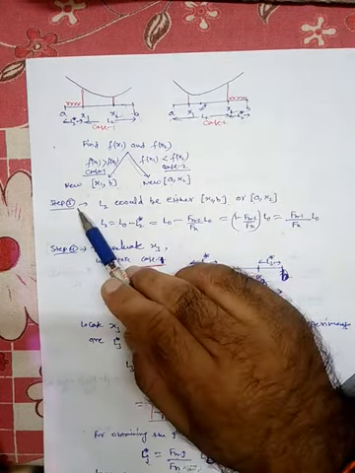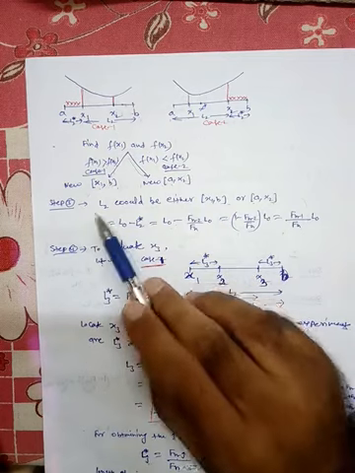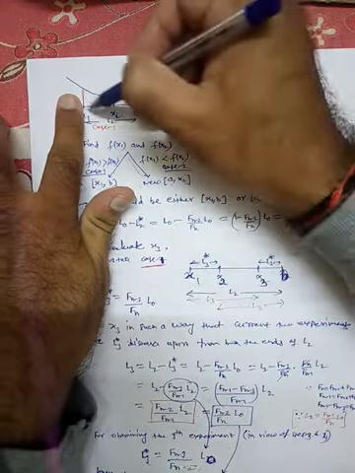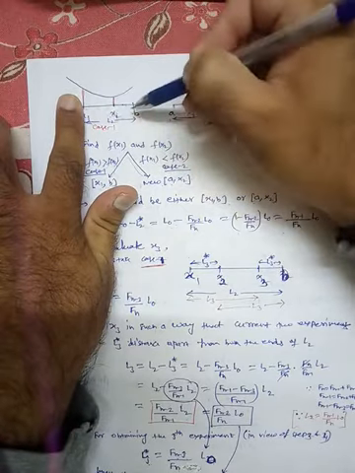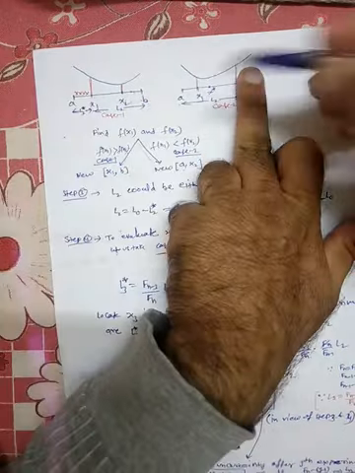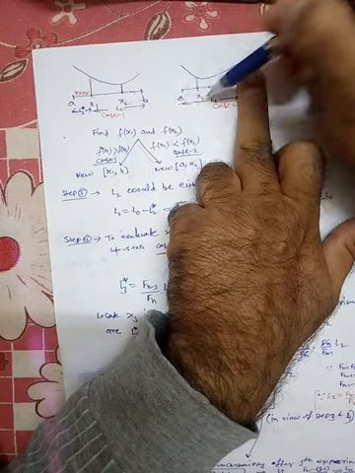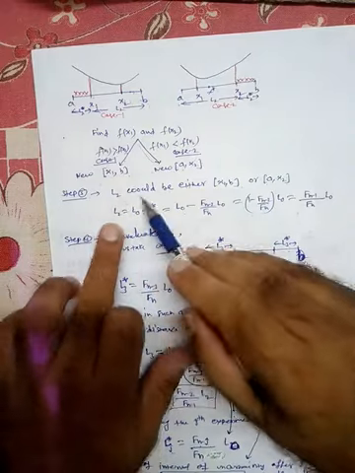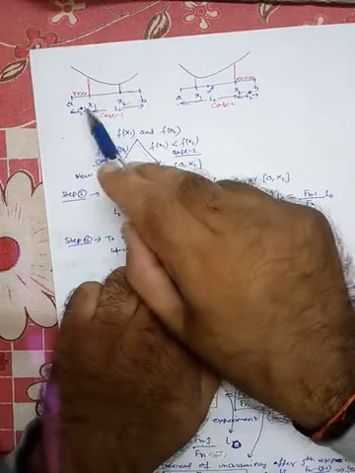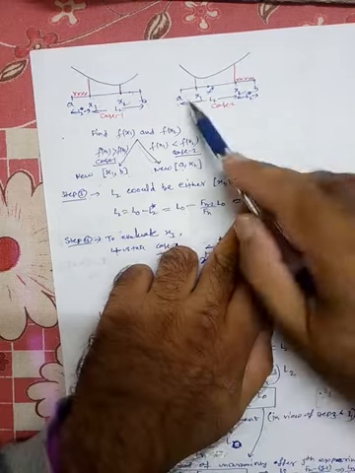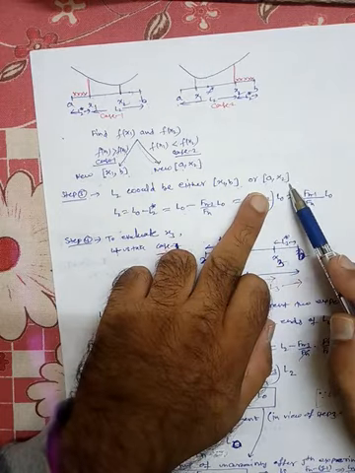So step number 3, L2. What is L2? L2 is basically, after deleting this part, what will be the length? This length is denoted by L2. Similarly here, if you delete this part, then this distance, a to x2, is the distance L2. So L2 would be either x1 to b or a to x2.